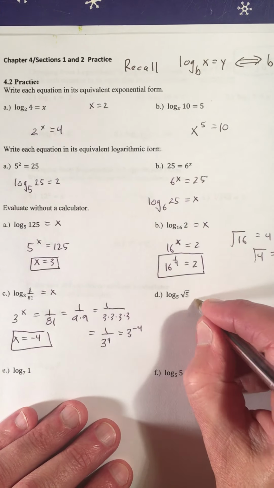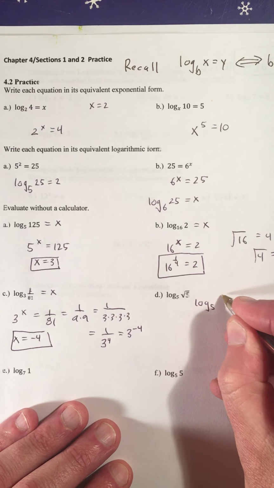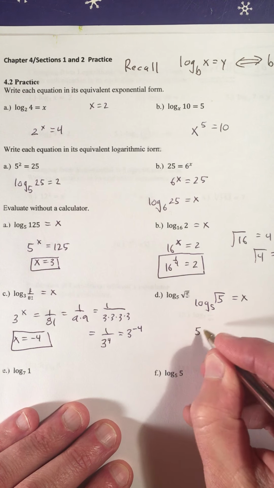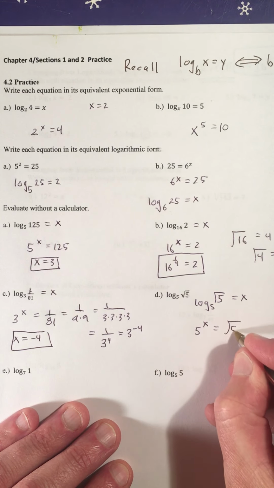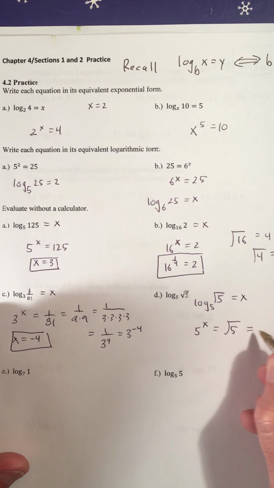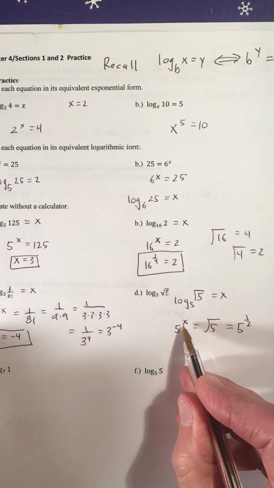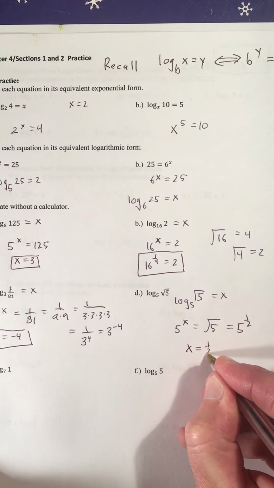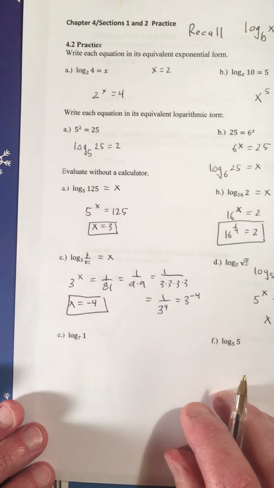This says log base 5 of the square root of 5, and we say equals x. So you say 5 to the x is equal to square root of 5. Square root, guys, is actually 5 to the 1/2 power. So 5 to the x is equal to 5 to the 1/2. So x equals 1/2. 2 more here.